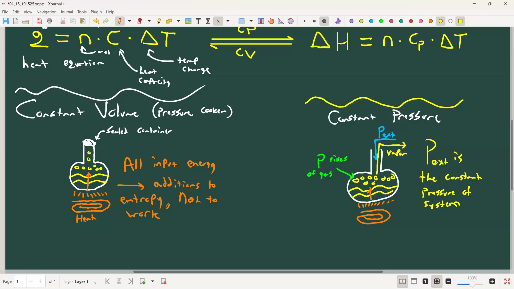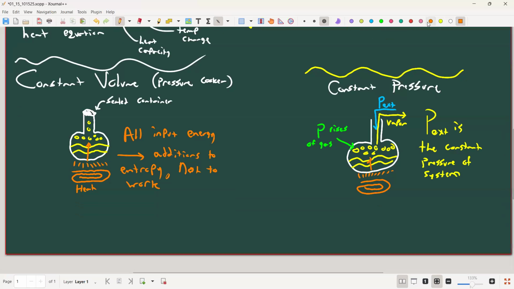We can think of that as a chemical potential, that there's some potential allowing the molecules inside the flask to leave the flask. But you can also think of it as an expansion work, right? The gas is generating heat and it's going to use some of that to do work and escape. And so there's like escape work happening. And so in this case, there's an additional energy sink.